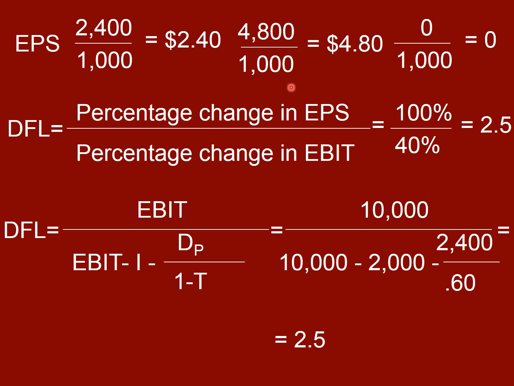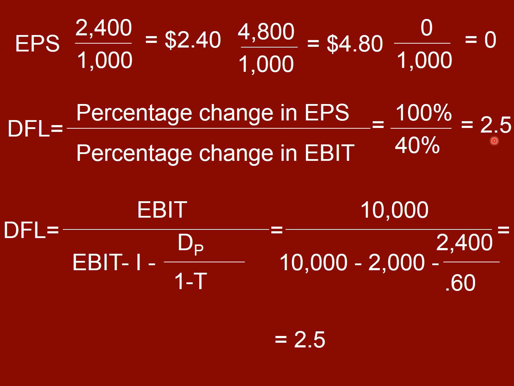Earnings per share doubled, just like our earnings available to common shareholders doubled. And then on the decline, we see that earnings per share completely disappeared. So a 40% change in EBIT caused a 100% change in earnings per share. So we have what's called a degree of financial leverage equal to 2.5.